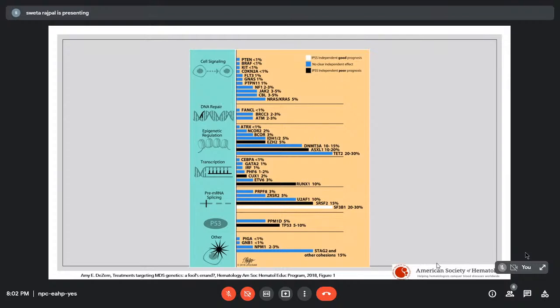It is the only subtype that has a very good prognosis when compared to other mutations. Others have either an adverse or a neutral prognosis. We can clearly see that apart from SF3B1, other mutations involving epigenetic regulation, transcription, or the spliceosome have a very poor prognosis.